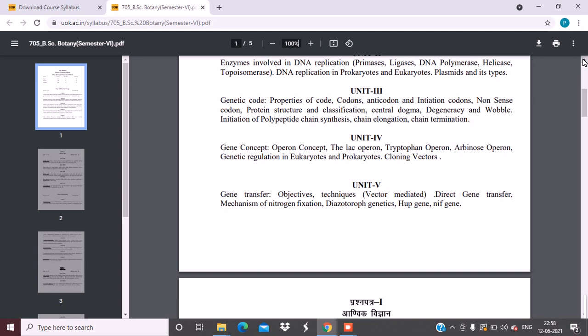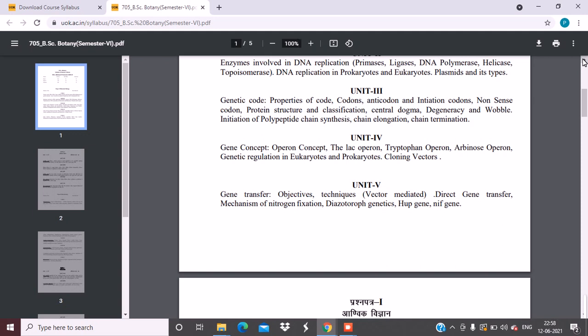Unit 4th is gene concept, operon concept, the lac operon, tryptophan operon, arabinose operon, gene regulation in eukaryotes and prokaryotes, cloning vectors. Unit 5 is gene transfer, objectives, techniques, vector mediated, direct gene transfer, mechanism of nitrogen fixation, diazotroph genetics, hub gene, NIF gene.